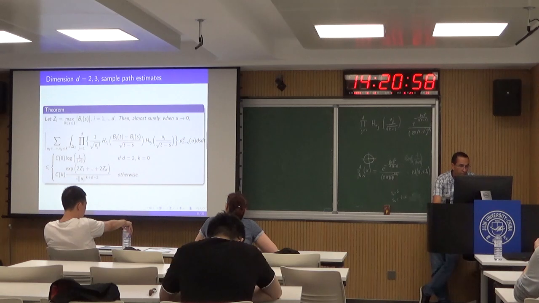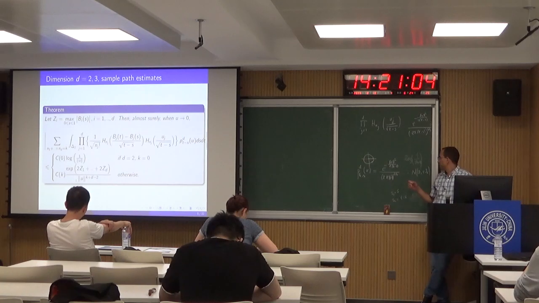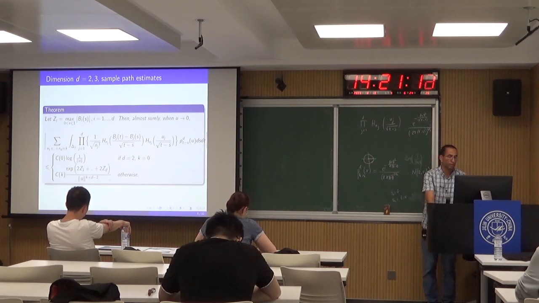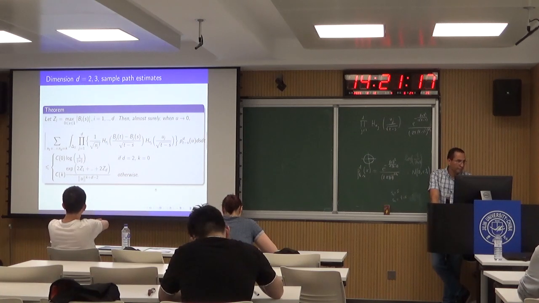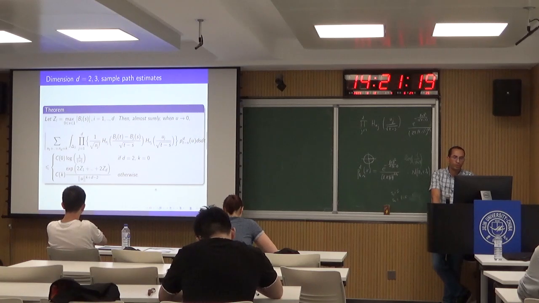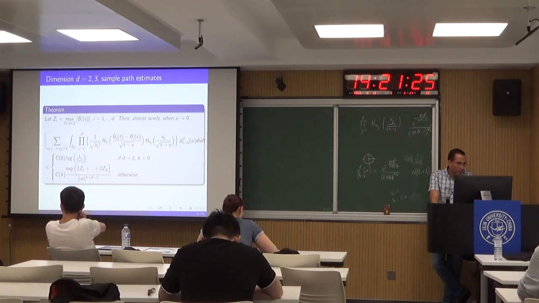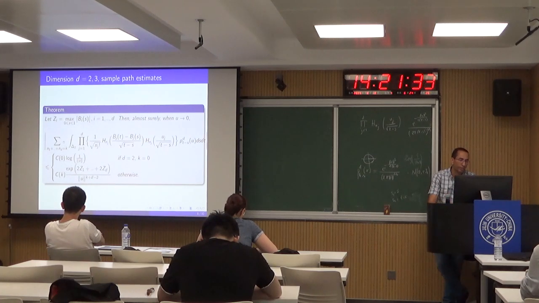And also there are some negative powers of the norm of u, and we remember that in the three-dimensional case there is the appearance of 1 over the norm of u in the behavior of the self-intersection local time around zero. So that was our result concerning dimensions 2 and 3. It's an almost sure upper bound; we just try to understand how these elements from the chaos expansion behave when u tends to 0.